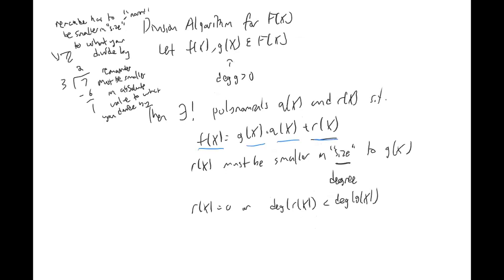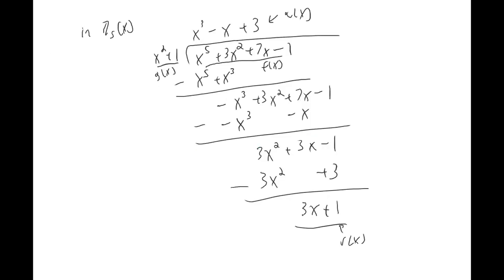So again, f of x is, what I mean is you could have changed the 7 here to a 2, up to you. So x squared plus 1 times x cubed minus x plus 3, plus 3x plus 1.